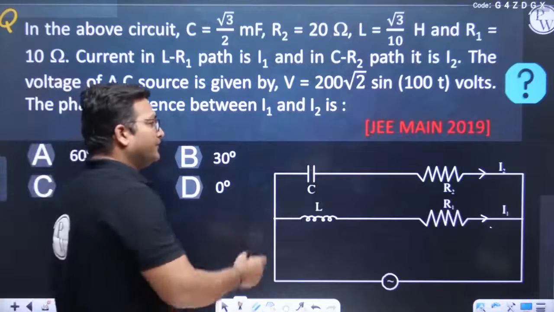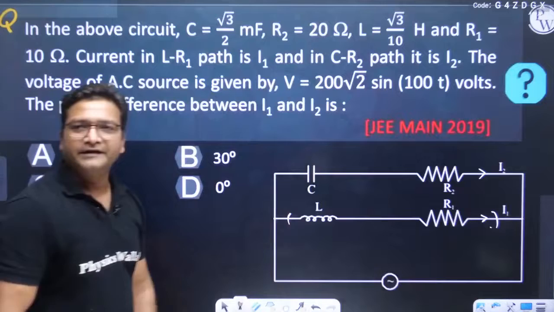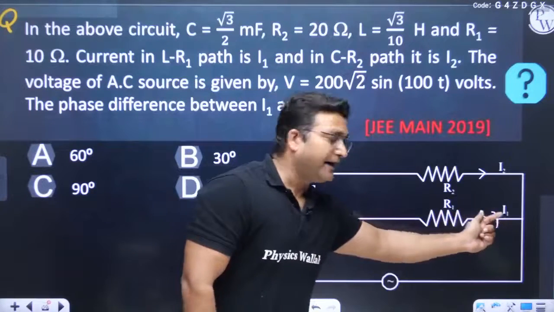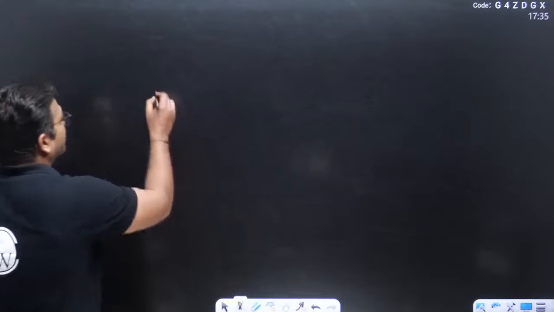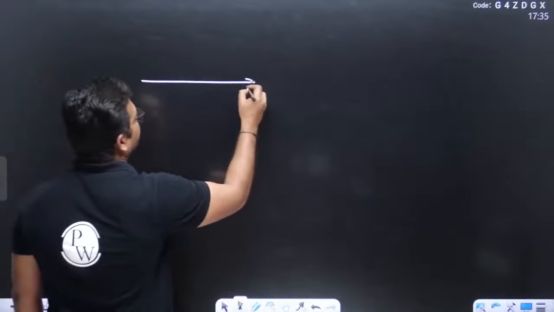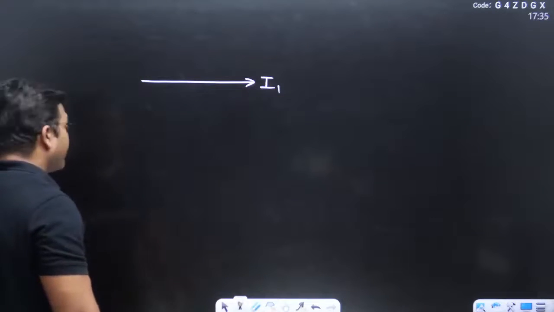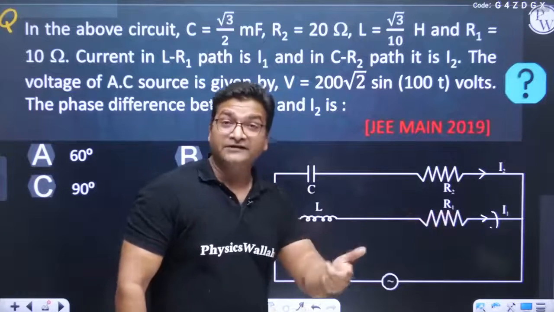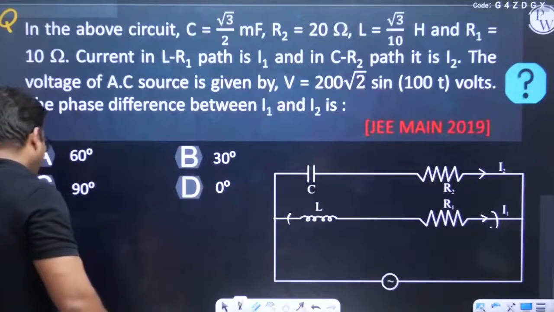So let us observe this circuit first, which is an LR series circuit. In the LR series circuit, we have current I1 as the common phasor. So if we draw I1 as the common phasor, we have VR1, the voltage across R1, in phase with current, because in a resistance voltage and current are in the same phase.